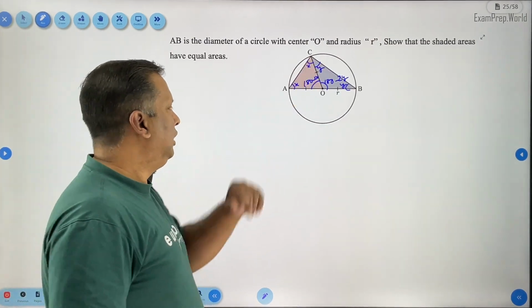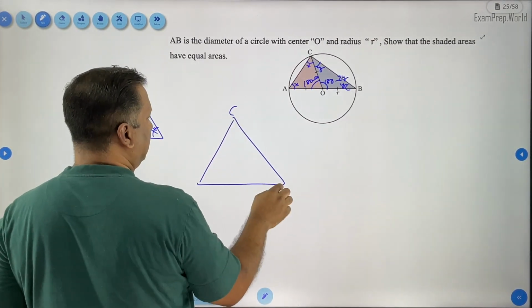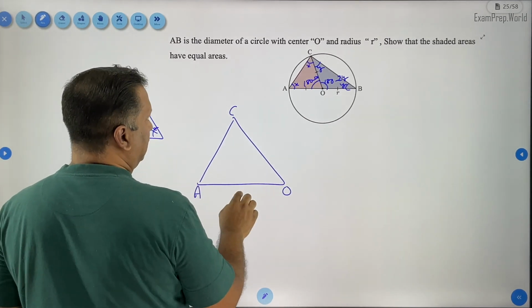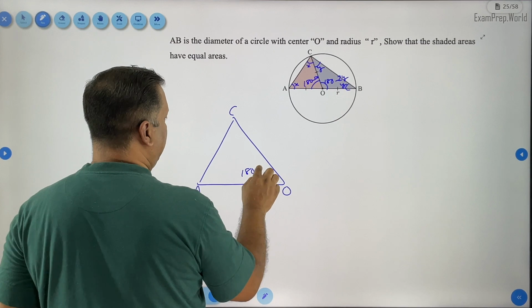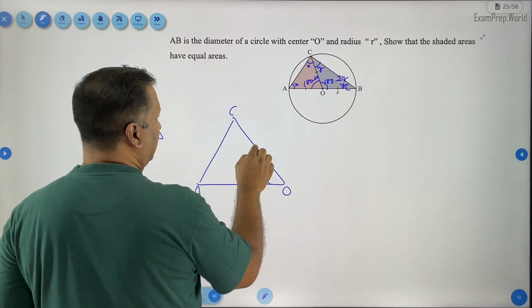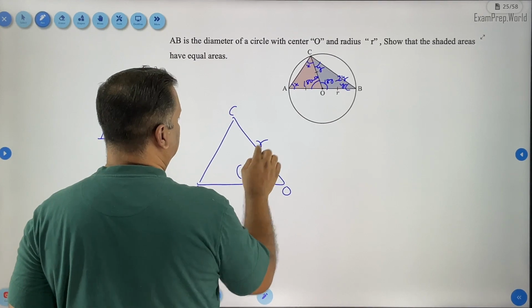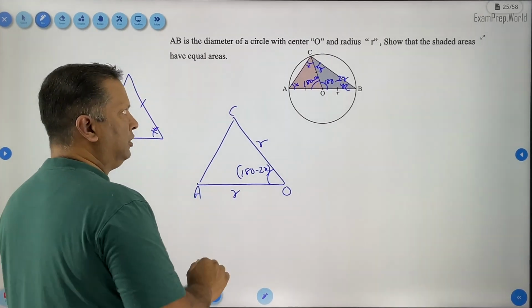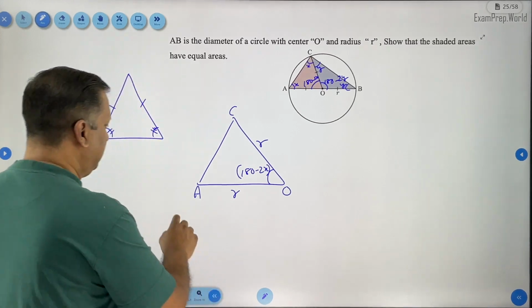Now look at this. I will draw this triangle outside. This is COA. This angle is 180 minus 2x, and this is r, this is r. Radius, no? OA is r and OC is r. Can you find the area of this triangle?